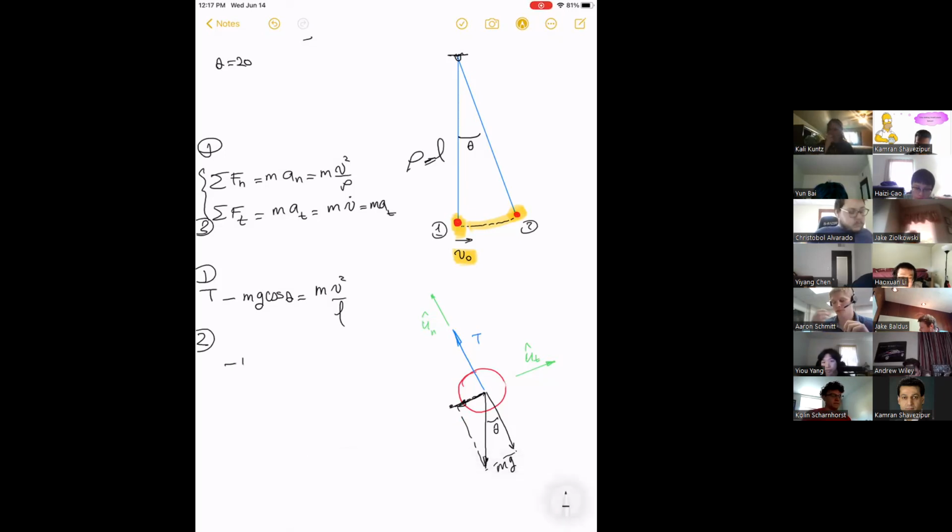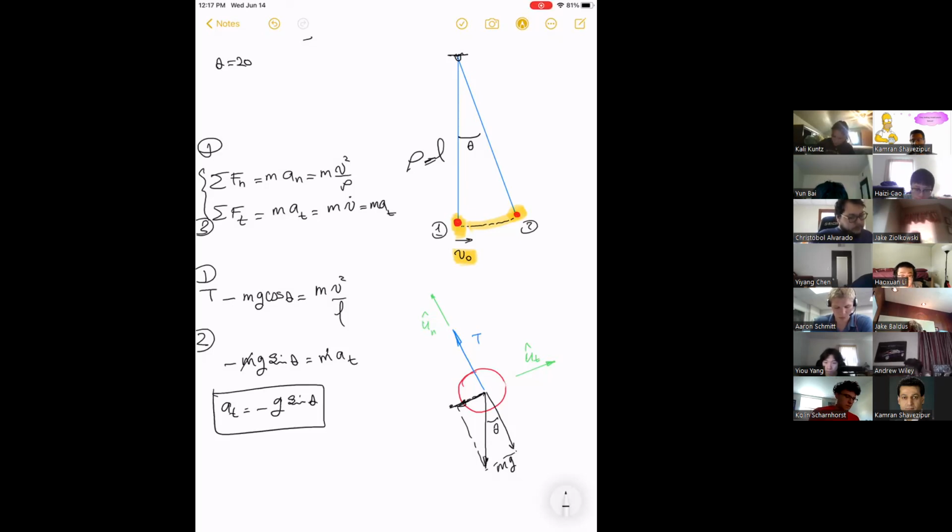Minus mg sine theta equals m at. If you simplify this, your at is going to be minus g sine theta. Now you can answer the question: is the tangential acceleration constant? What you see here depends on the angle theta, so it's not constant.